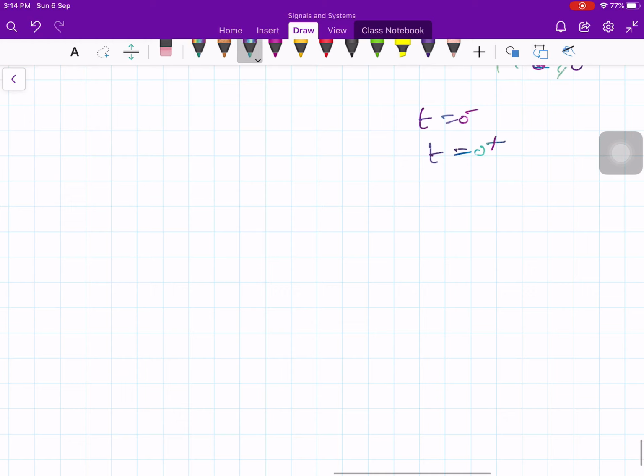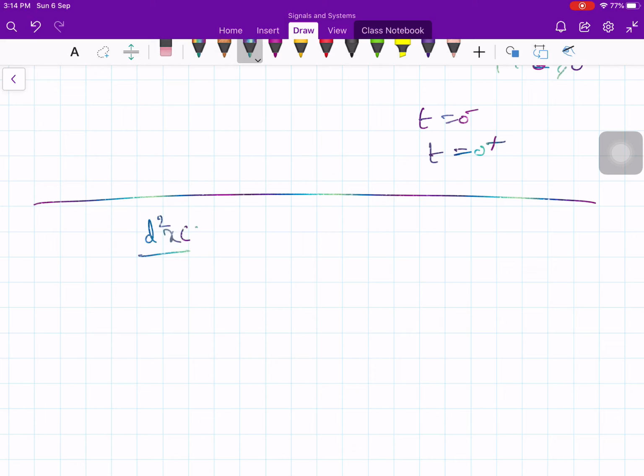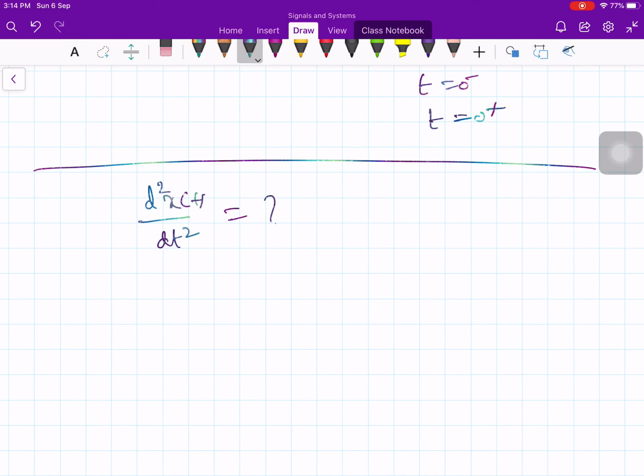Now let us proceed further and consider the second derivative of this function, that means d squared x over dt squared. Now what will happen in this case? The second derivative is after all the derivative of the first derivative of x of t, right? So you can write d by dt of the first derivative of x of t.